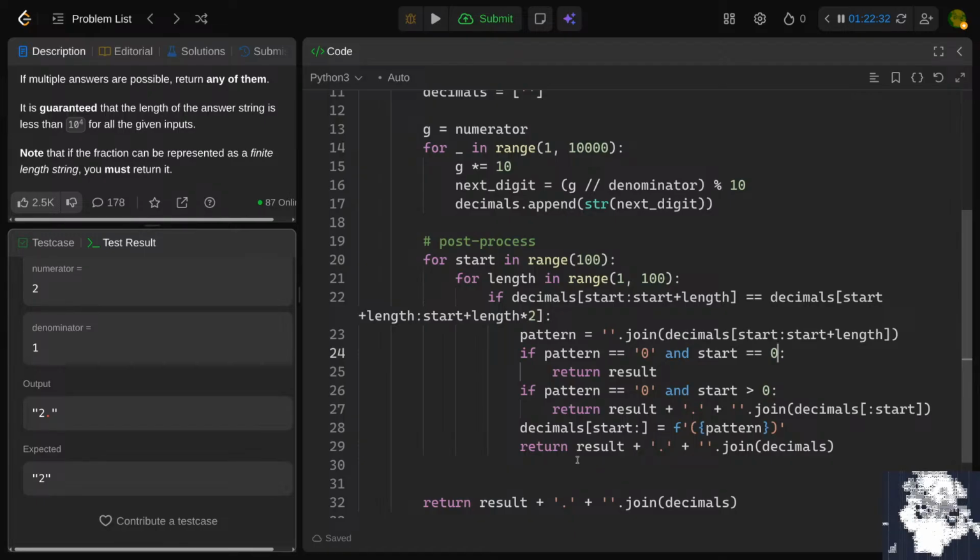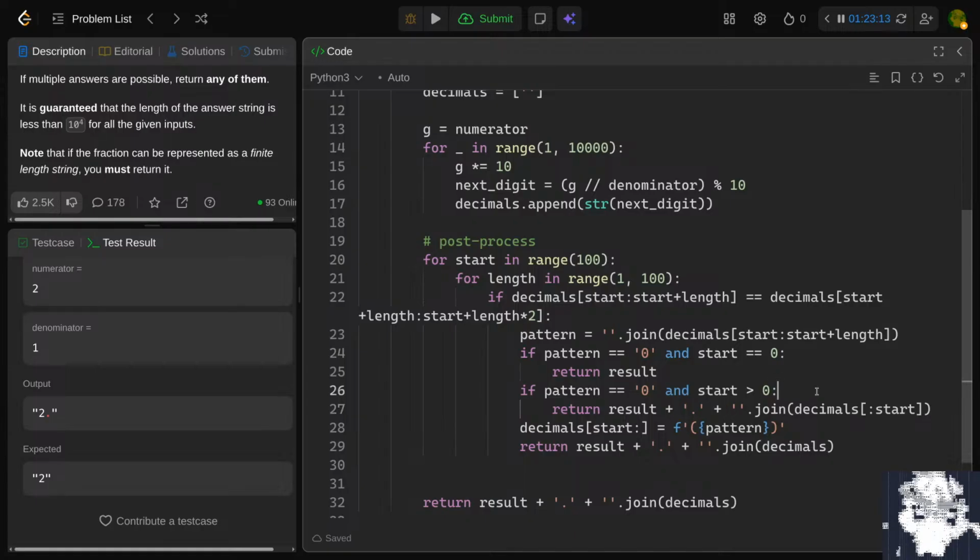How did I get 2 point and then nothing? I guess here I could, no. How do I get 2 point and then nothing?